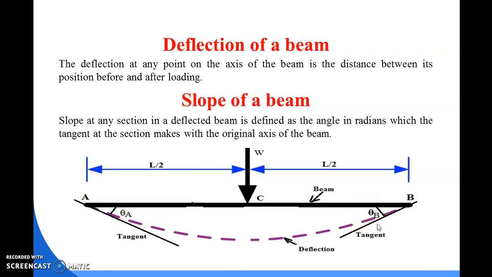As per the definition, slope at any section in a deflected beam is defined as the angle in radians which the tangent at the section makes with the original axis of the beam. So this angle will be the value of slope for the point load condition in a beam. And the deflection of the beam is denoted as y.